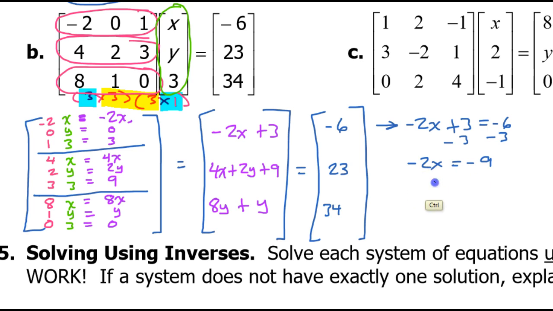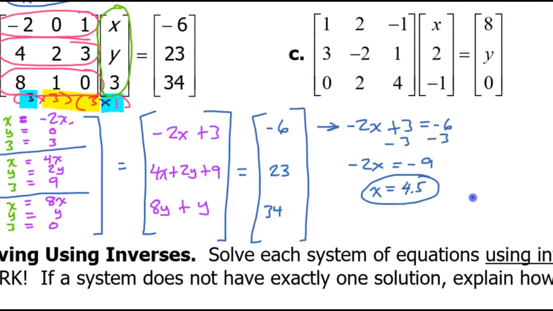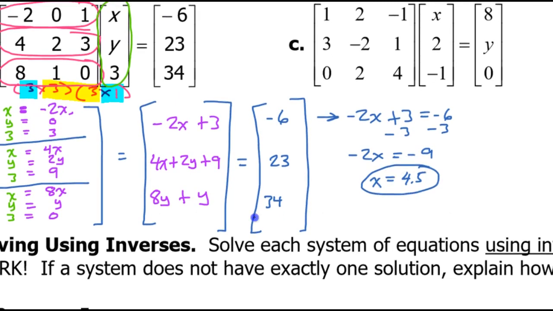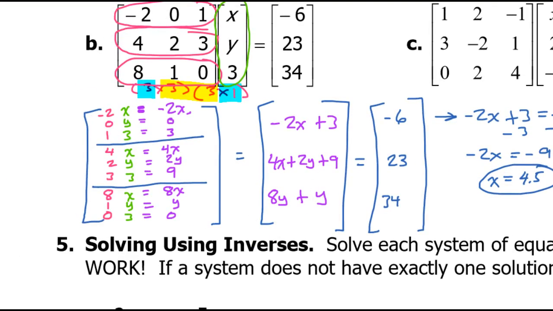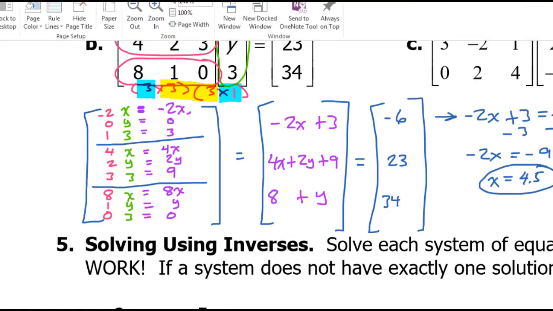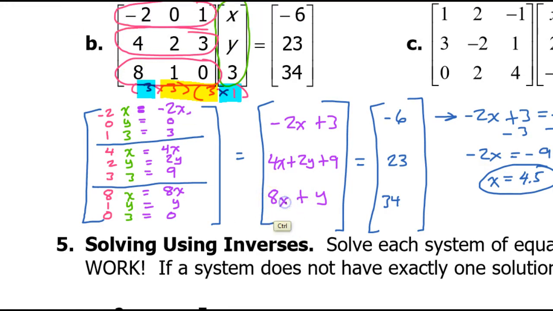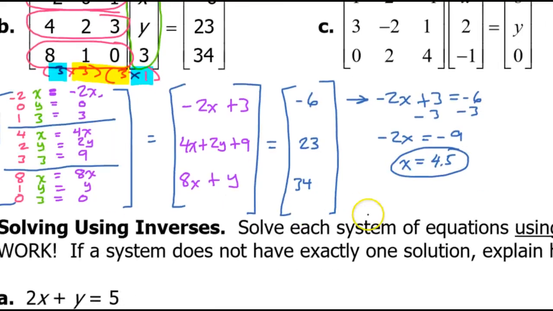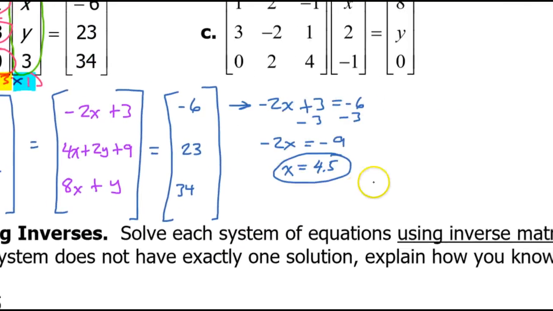Dividing both sides by negative 2, I get x is equal to 4.5. So that's one of the variables right there. Wait, this is supposed to be an x over here. In fact, I'm going to use the third row right now.